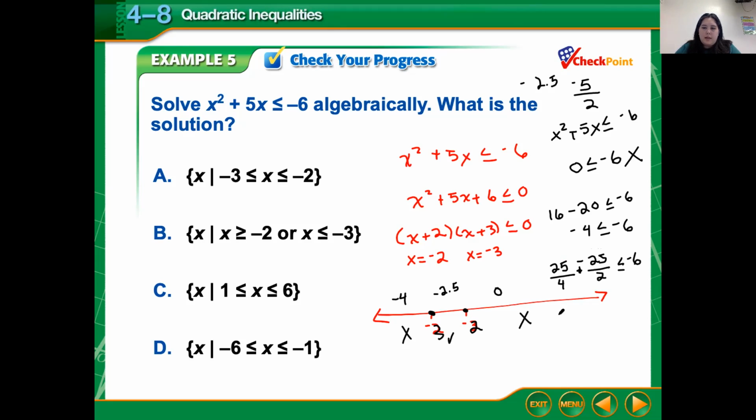So this would be 6.25 minus 25/2, which is 12.5.